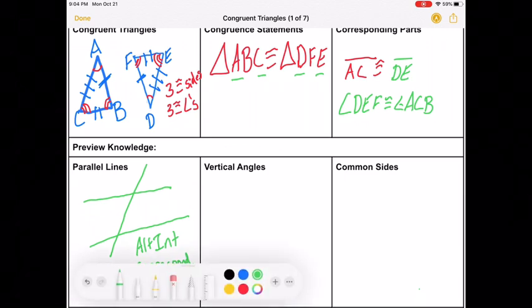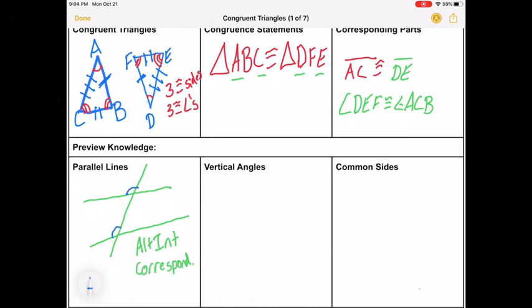So just remember, like, corresponding would be marked in these blue ones, with alternate interior being marked in the red. So just something to watch out for there.